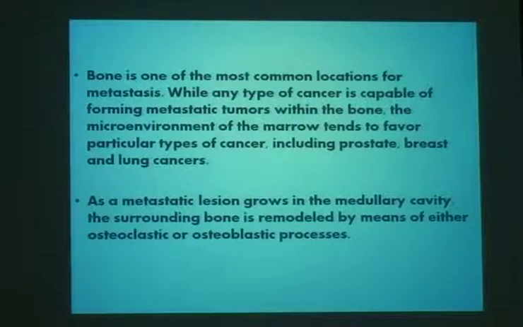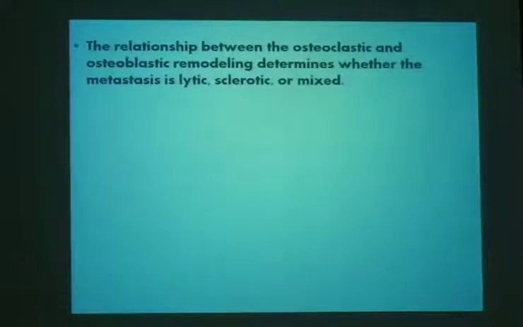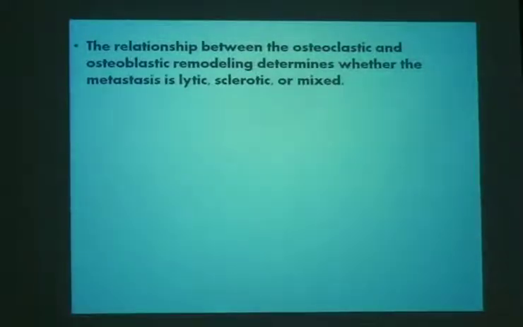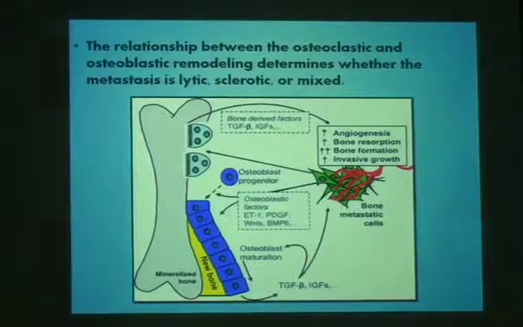As a metastatic lesion grows in the medullary cavity, the surrounding bone is remodeled by means of either an osteoclastic or osteoblastic process. And from this, the imbalance between the osteoblastic-osteolytic reaction results in the predominance of the type of the metastatic lesion, be it a lytic or a sclerotic or mixed lesion.